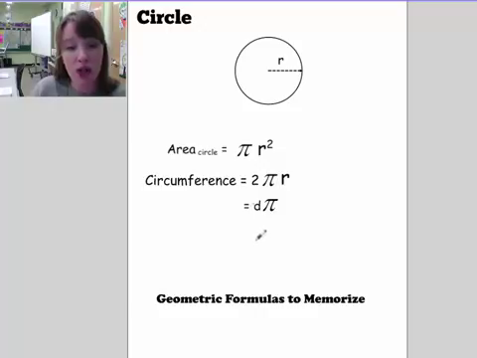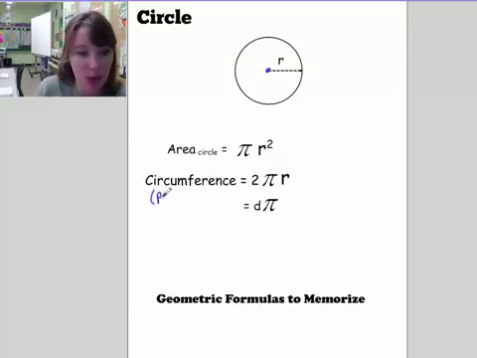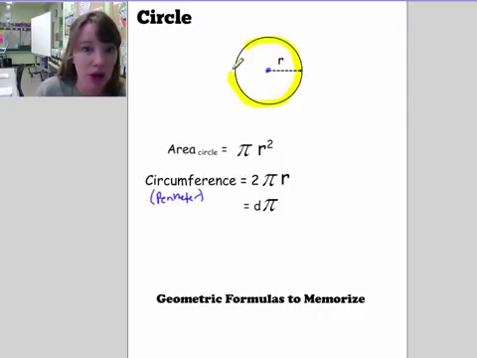Okay? In a circle, the area of a circle is pi r squared, where r is the radius, okay? And now I want you to remember, circumference is the same as perimeter. We just call it something different for a circle. So circumference is just the length around the circle, okay?